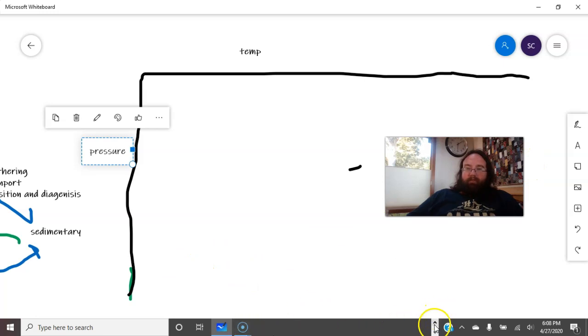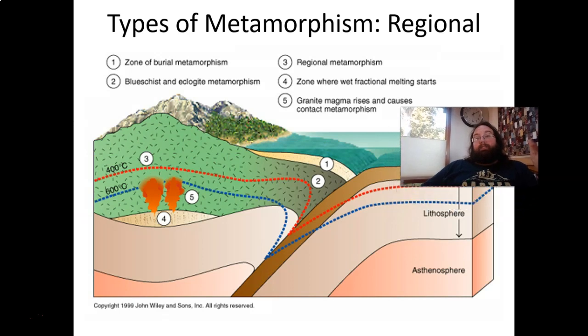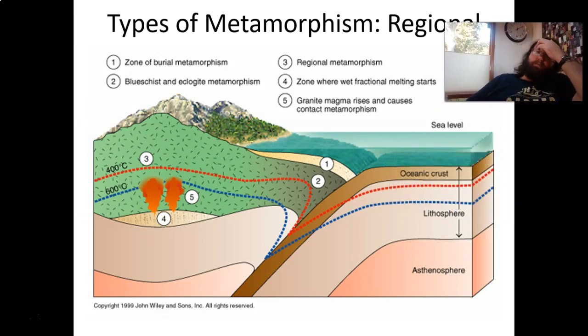So, first thing we're going to do here is, metamorphism knowing this is also very useful because it helps you back out plate tectonic environments and understand plate tectonic events better, past ones even better. For example, in a subduction zone, you'll typically get burial metamorphism, which is generally fairly low grade.